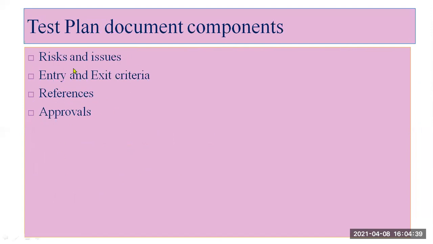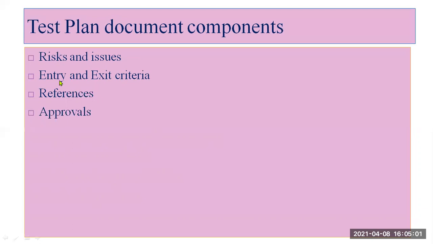Risks and issues means when we are doing the test execution, if we find any environmental issues, any blockers, or any scheduling timing mismatches, at that time we use risks and issues.